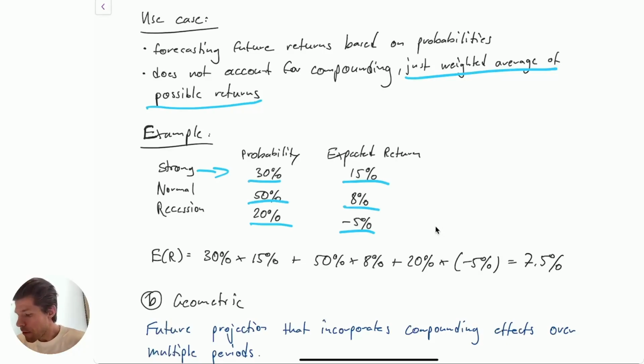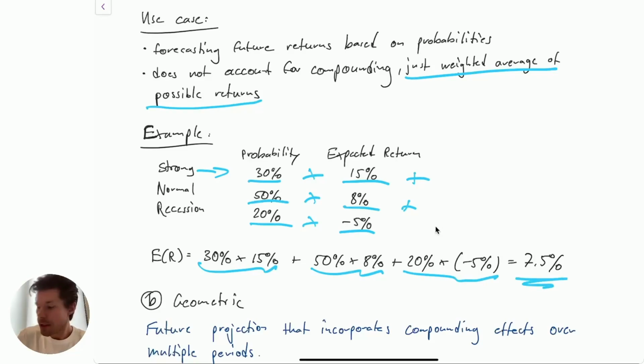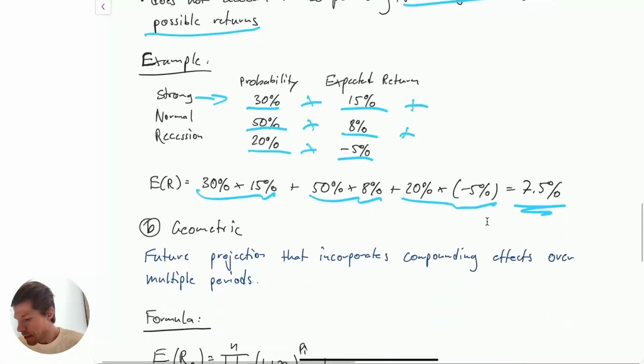What we easily do: 30% times 15 plus 50% times 8 plus 20% times -5, which gives you 7.5%. And this is the average future return, 7.5% per year. Again, not suitable for long-term time scenarios where compounding matters.